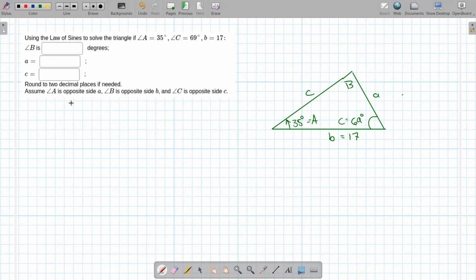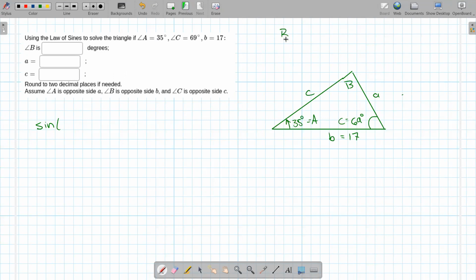All right, so what do we got? Let's see. Angle B is listed first, so maybe we'll go for that. So we could say the sine of angle B, oh, I should get angle B. Since we know these two angles and they have to add up to one angle, we can get that right away. So let's do that first.